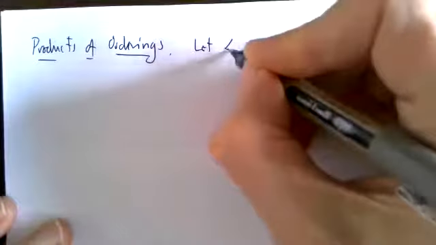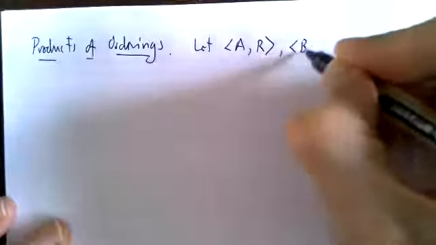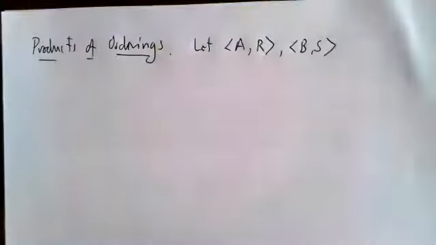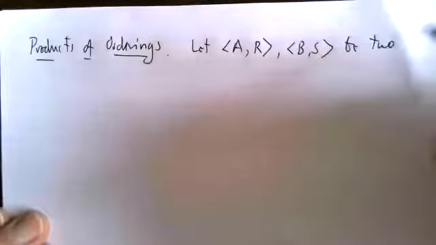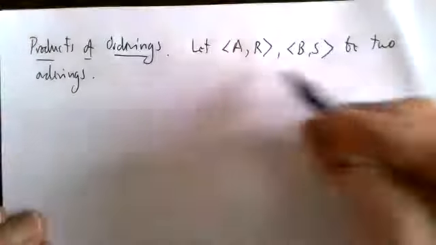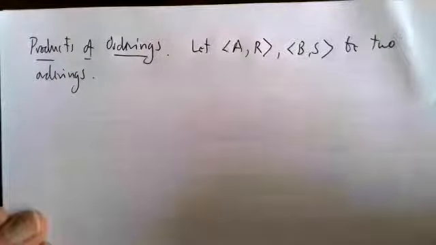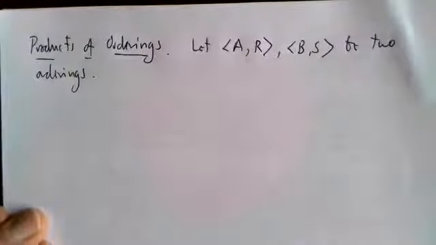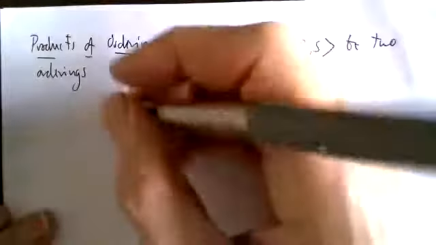Okay, so again, we'll start out with two orderings. And again, you may want to think of them as being total orderings, right? But they needn't be.